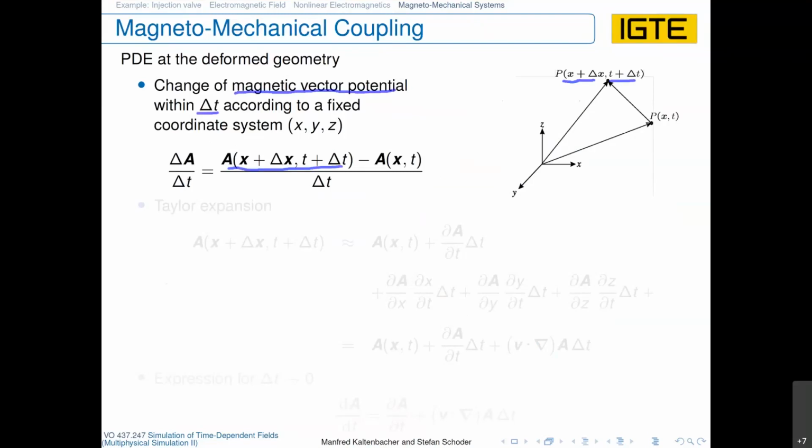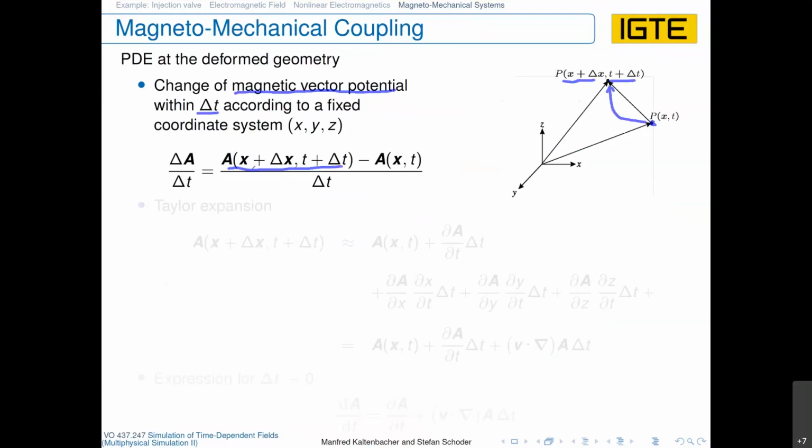So this material point here, P, at time t and position x, it will change the position x to this new position here, which is the position x plus delta x at time t plus delta t.